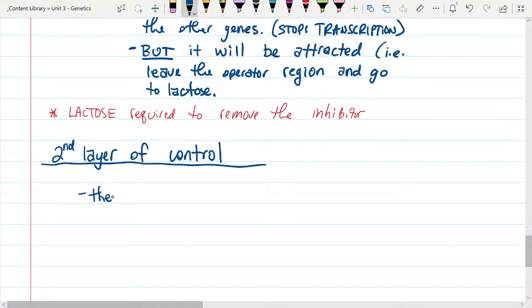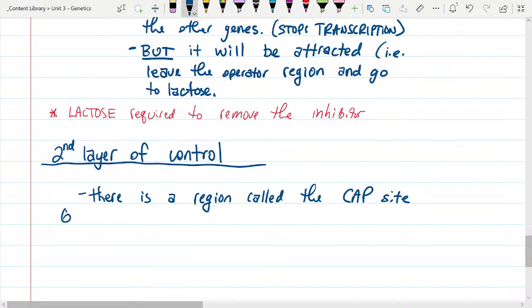There's a region called the cap site, or sometimes the CBS site, before the operator of the lac operon.